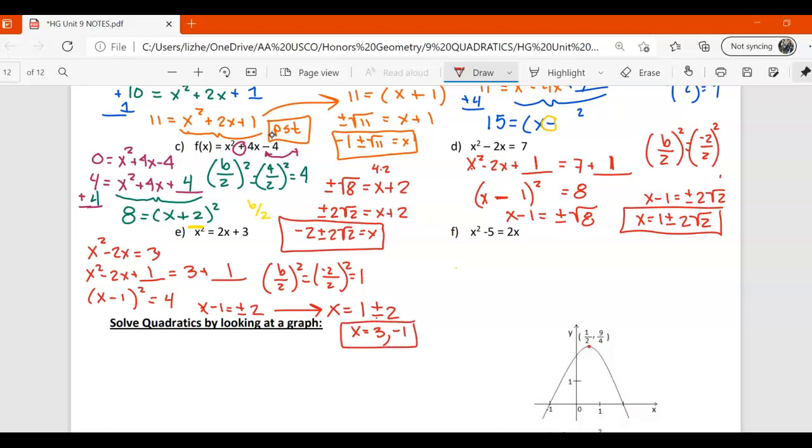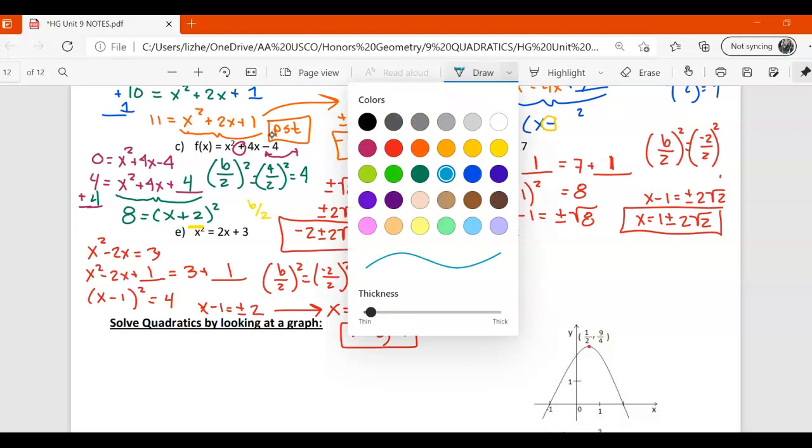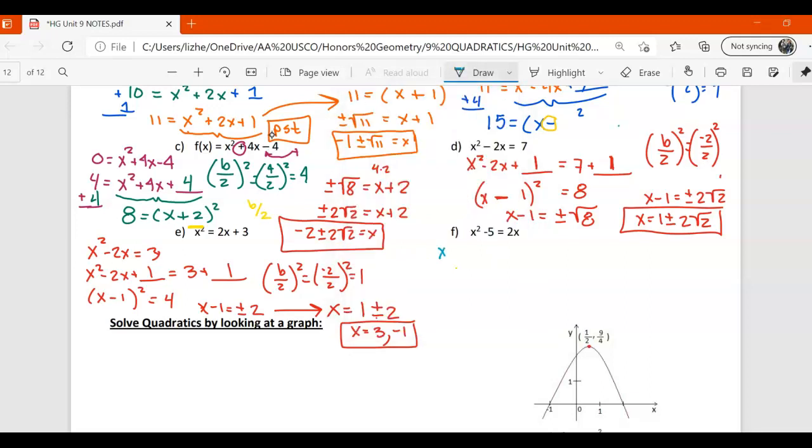Finally, for f, again, it's not in standard form. So I'm going to change colors. Okay. So I have x squared minus 2x minus 5 equals 0. Move my constant to the other side. X squared minus 2x plus something equals 5 plus something. What am I going to add? B divided by 2 squared.